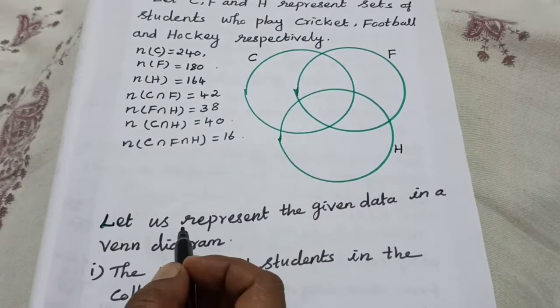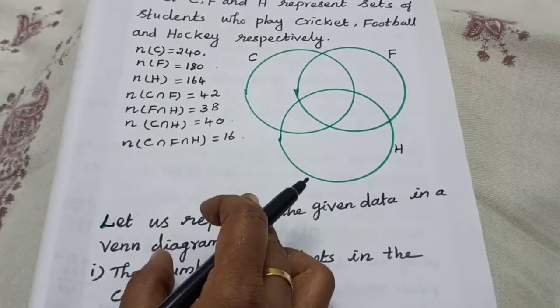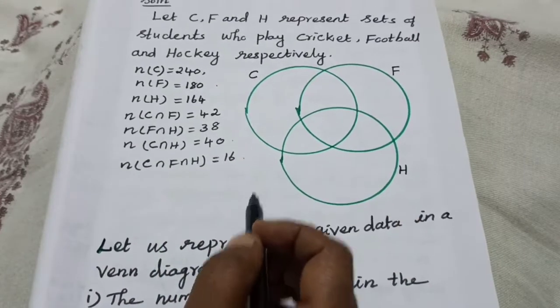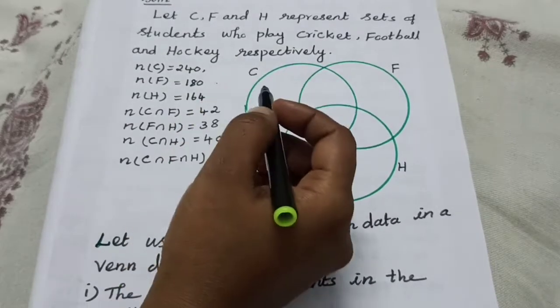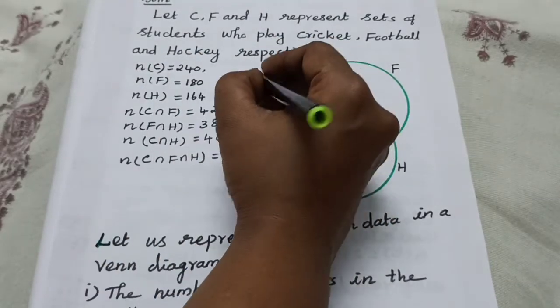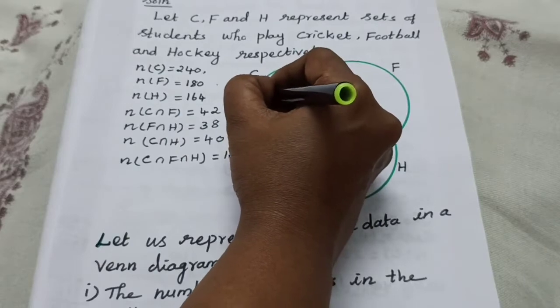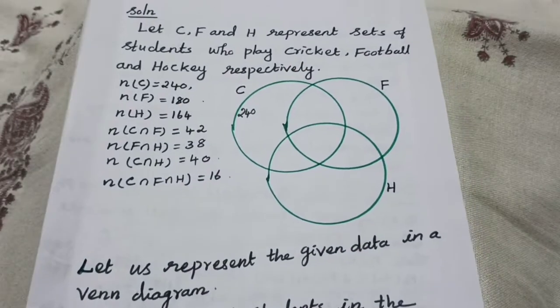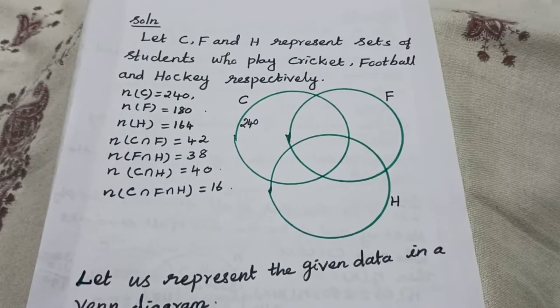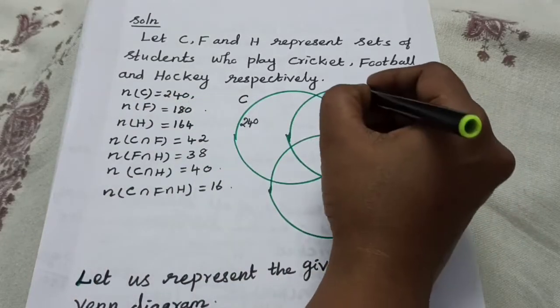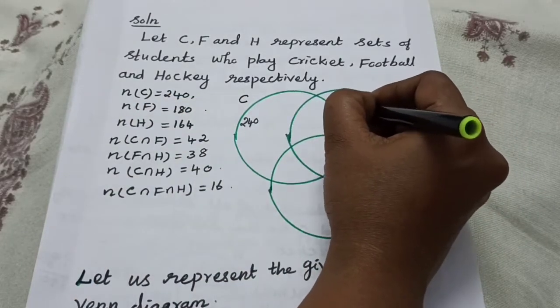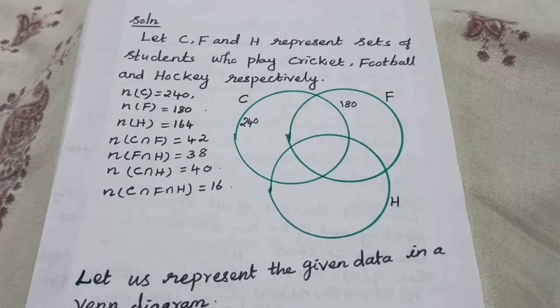Then from the Venn diagram, let us represent the given data in the Venn diagram. Here N of C is given as 240; we have to mark 240 here. Then N of F is 180; you have to write that there.